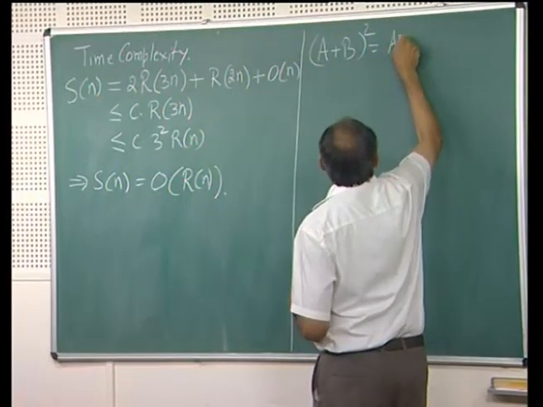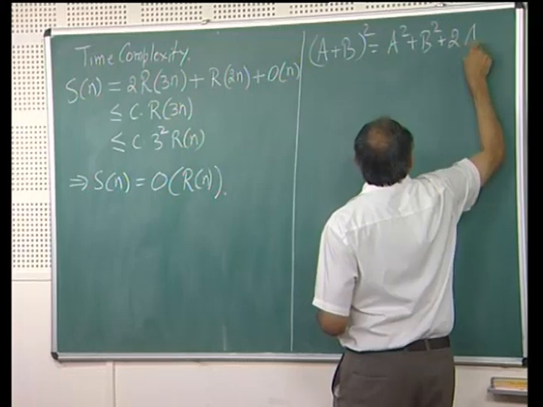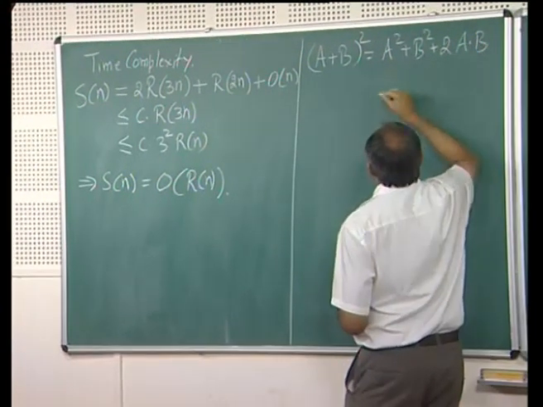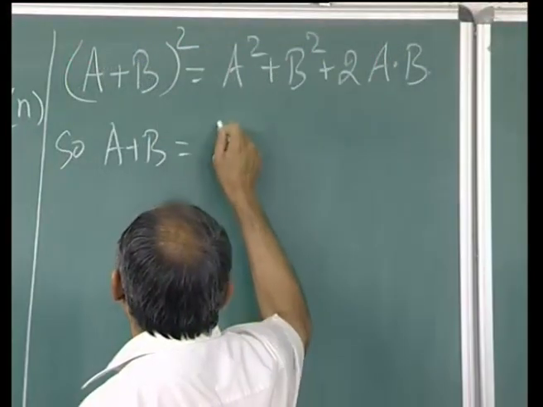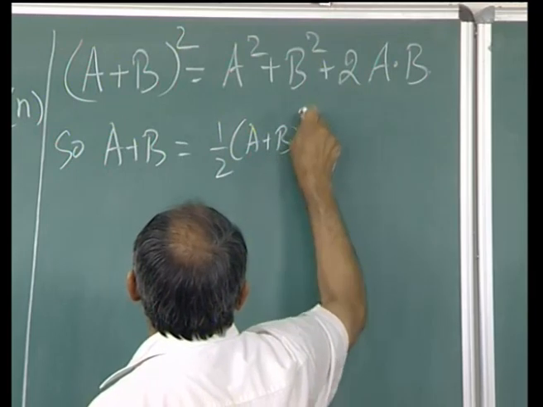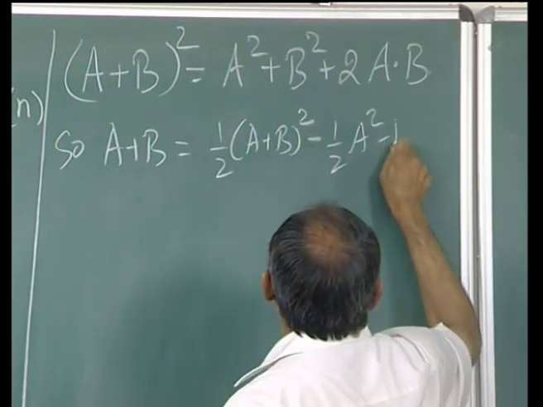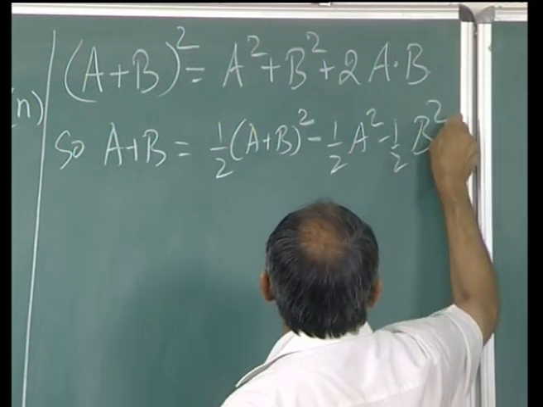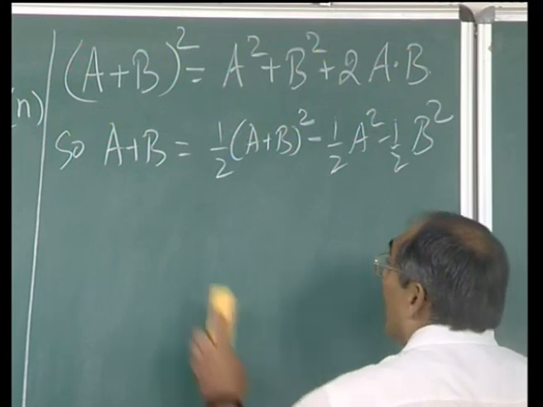Its square is a square plus b square plus 2 a times b. So a times b is indeed 1/2 (a plus b) square minus 1/2 a square minus 1/2 b square. So you can, my mistake, a times b.